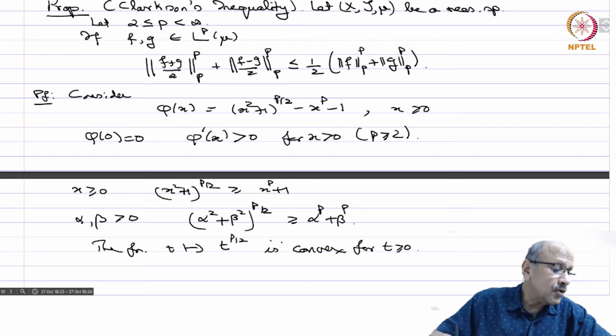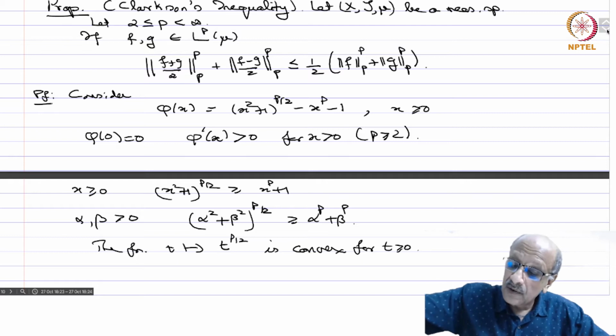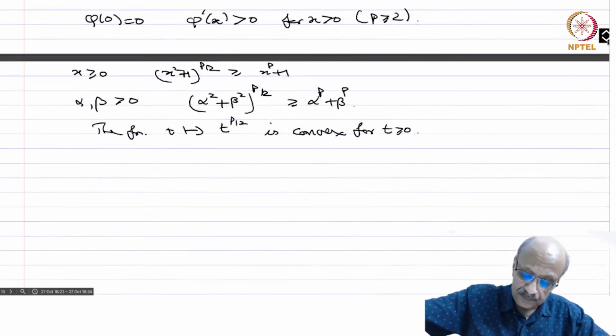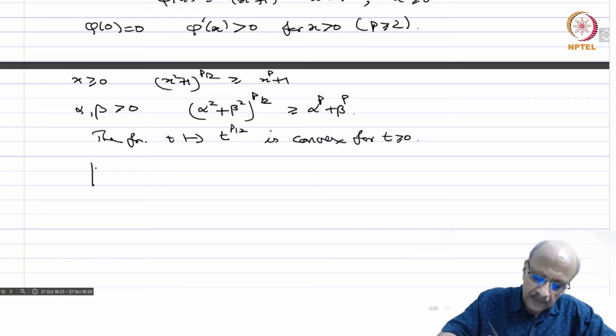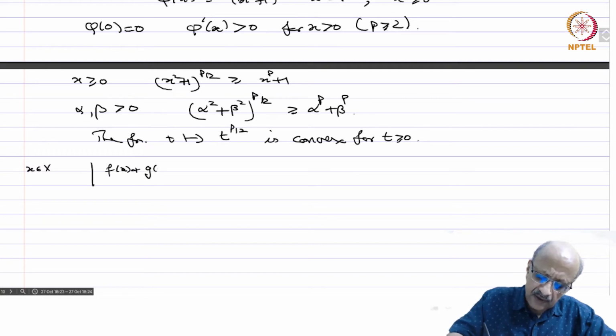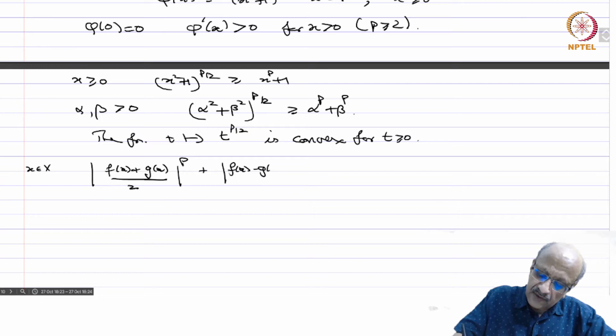Okay, so using these two results, we will now do the following. Norm of, so for x in X, |f(x)+g(x)|/2 to the power p plus |f(x)-g(x)|/2 to the power p.